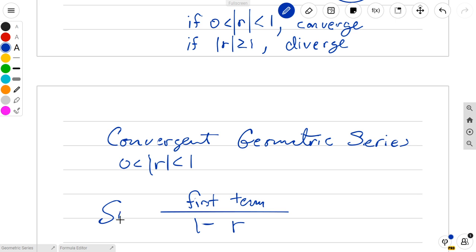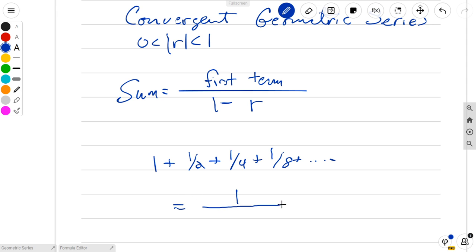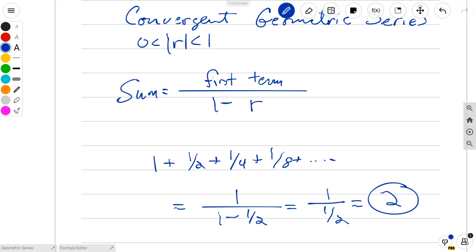That is what your infinite sum is going to be equal to: first term divided by 1 minus r. Okay? And if we go back to that original example of 1 plus 1/2 plus 1/4 plus 1/8 and so on, that is going to be equal to 1, your first term, divided by 1 minus 1/2, which does equal 2. All right?